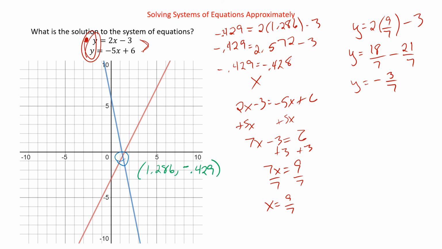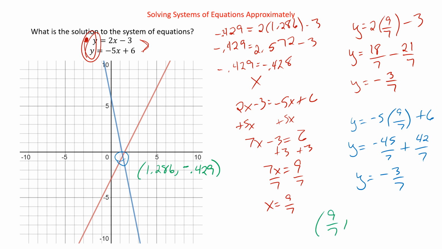Let's plug this into the other equation as well. y equals negative 5 times 9/7 plus 6. So we'll multiply by the top to get negative 45/7 plus 6, which is going to be 42/7. Negative 45 plus 42 gives us negative 3 sevenths. So it does come out to be the same both times.